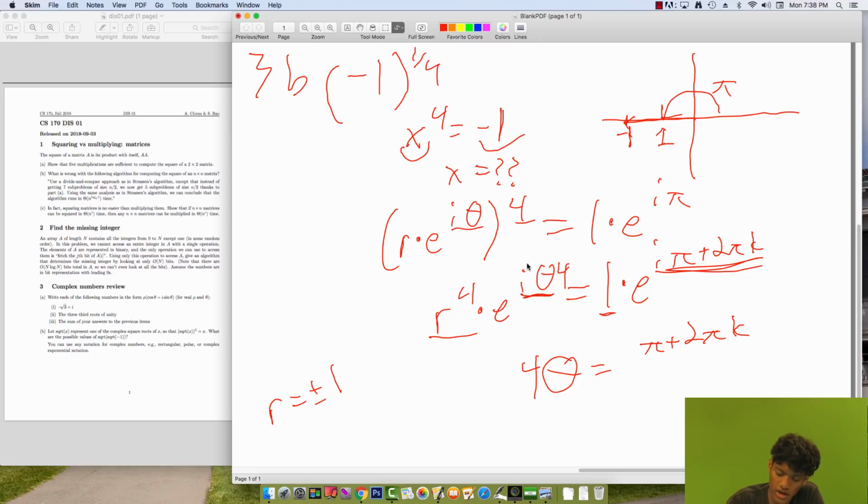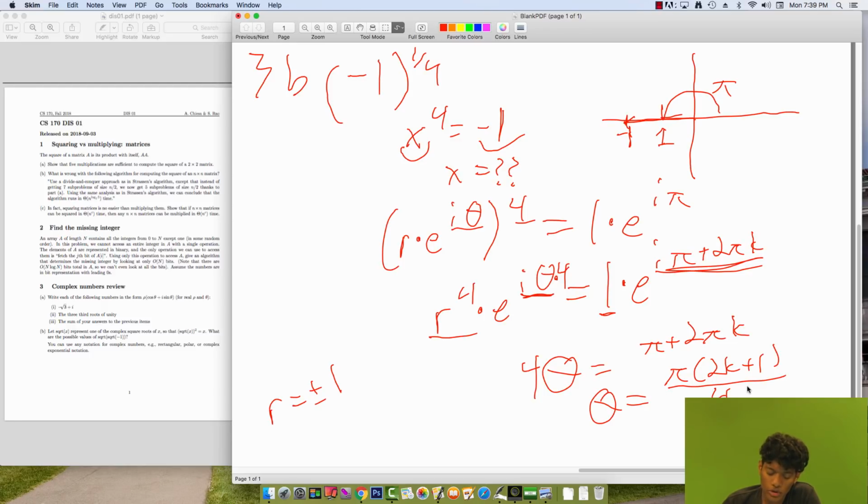So really, this should be i times theta times 4. 4 theta, we say, equals pi plus 2 pi k. That tells us that theta is going to be equal to, let's factor the top, pi times (2k plus 1) over 4. So we know theta is going to look like something of this form.